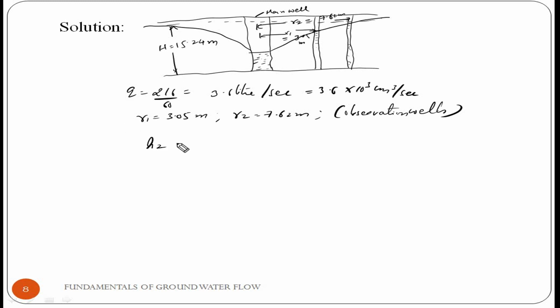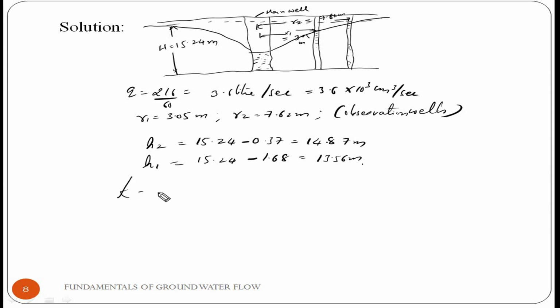So now H2 is equal to 15.24 minus 0.37. We are getting H2 as 14.87 meter and H1 as 15.24 minus 1.68, that is 13.56 meters. So therefore, as per the equation for the pumping out test, we have K equals 2.3 Q divided by pi of H2 square minus H1 square log to the base 10 R2 divided by R1.